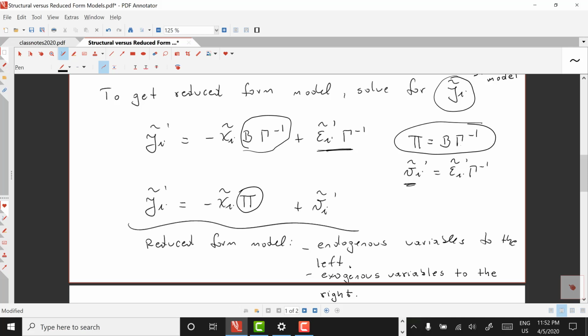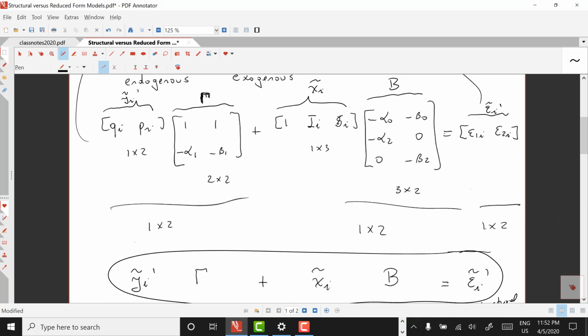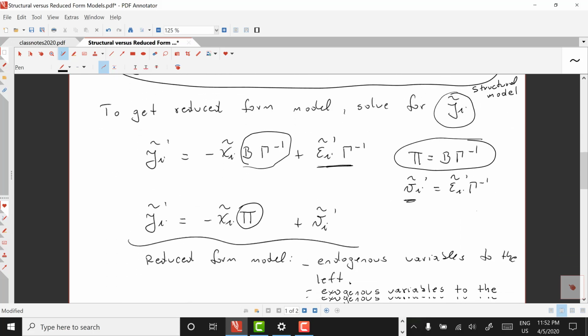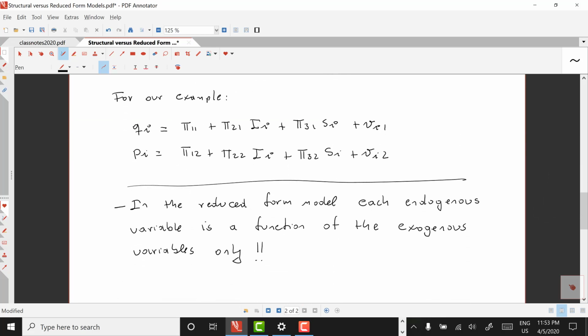It can be shown that each pi coefficient is related to the b and the omega inverse coefficients. Remember, in the omega inverse coefficients, we have the ones and the alphas and the betas, so these are kind of complicated functions. In the past, we used to spend a lot of time going back and forth between the structural and reduced form model coefficients, but nowadays we don't do that anymore.